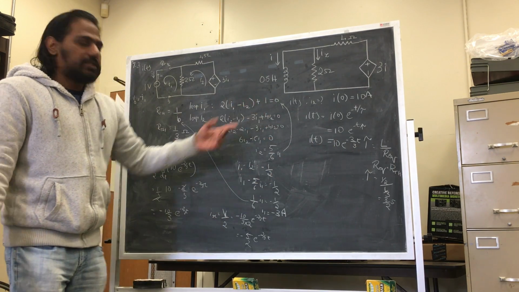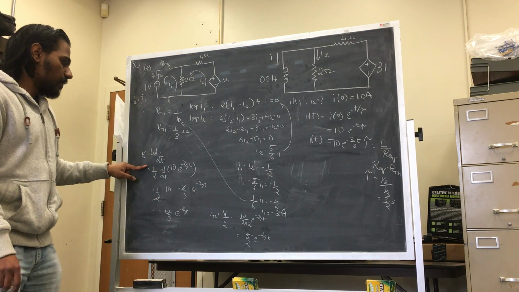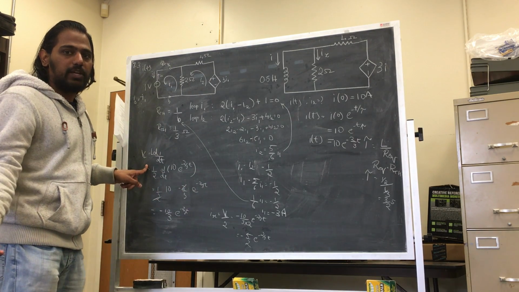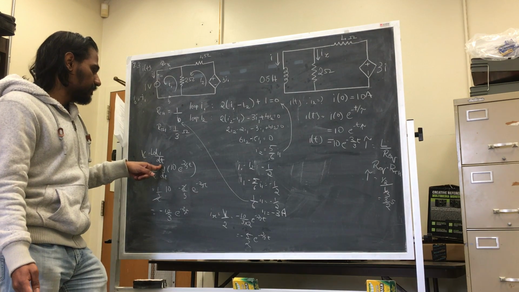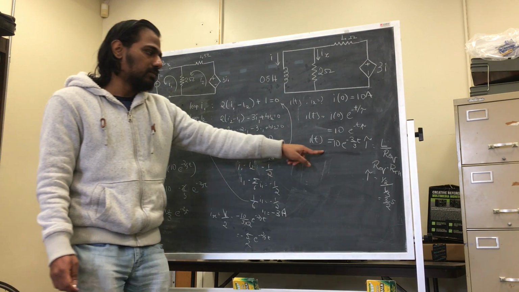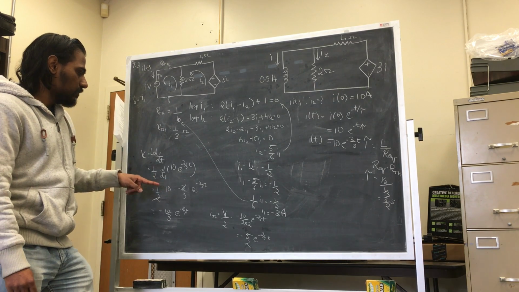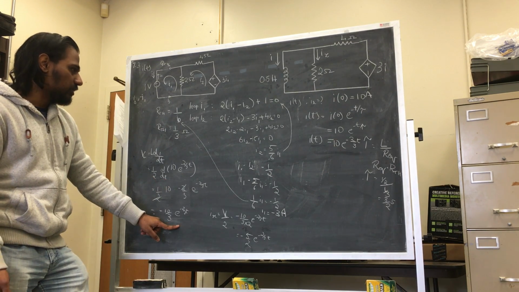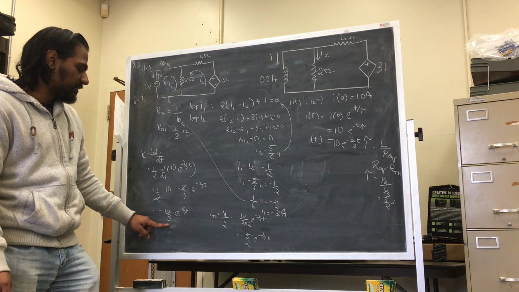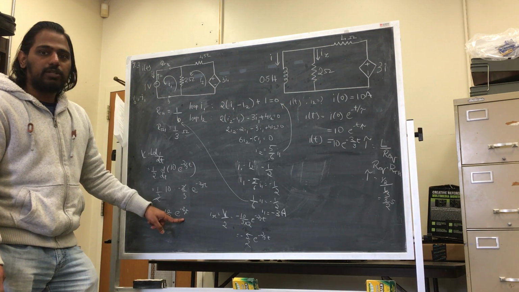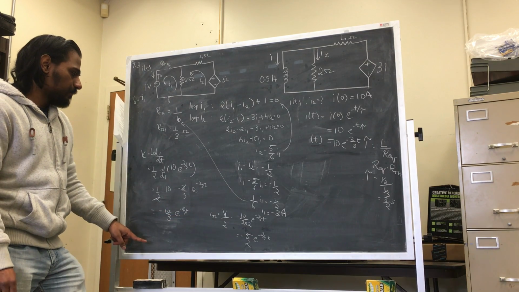You can calculate the voltage using the equation for the inductor, L di by dt, and you differentiate the current equation. When you simplify this, you get the voltage across the inductor as minus 10 by 3 e to the minus 2 by 3t.